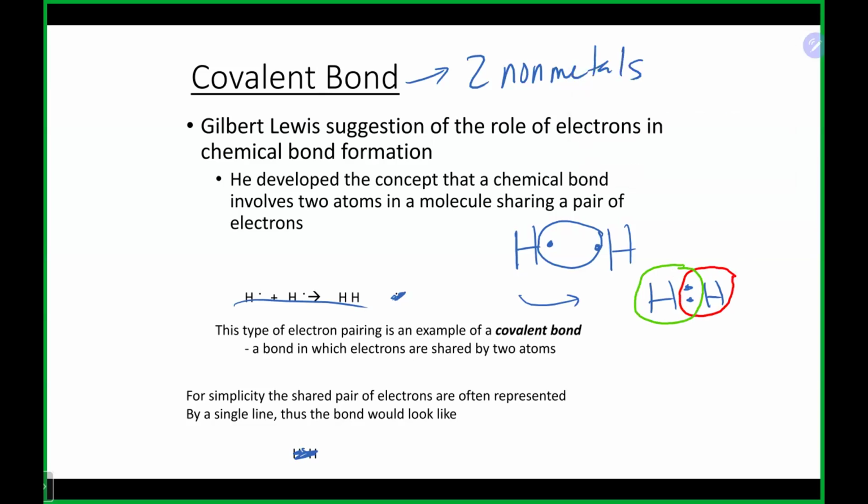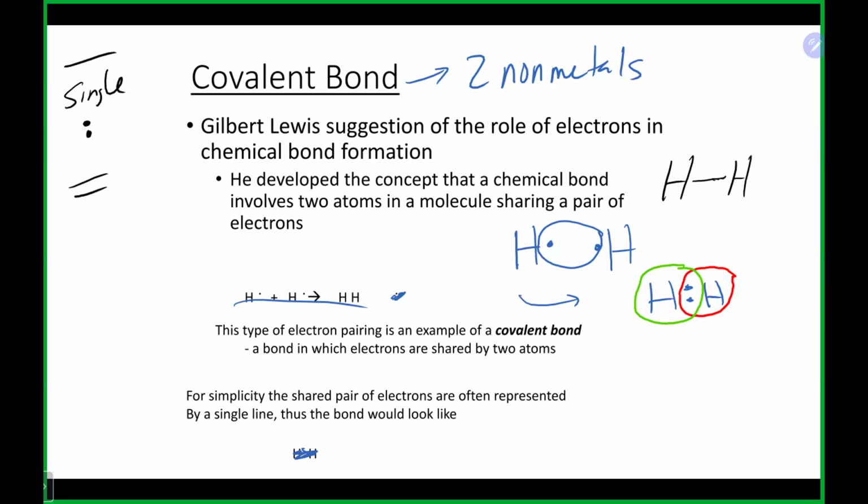You could represent that like I did there with dots. You could also represent that with a line when we share electrons. One line represents two electrons, or a pair of electrons being shared. So as we'll talk about, one line is what is known as a single bond, and it represents a pair of electrons being shared.